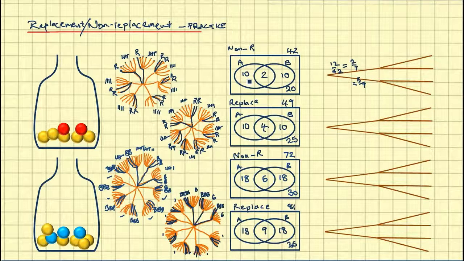Looking at our Venn diagram, that would be if we don't pick a red, if we don't have a favourable outcome in the first round, so that's got to be this 10 and this 20. It would be then 30 out of 42, and 30 divided by 6 gives us 5, 42 divided by 6 gives us 7.